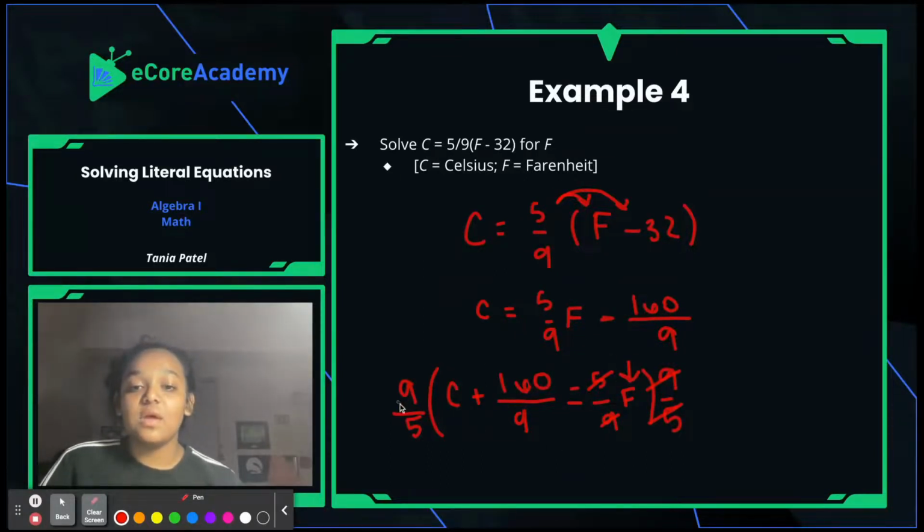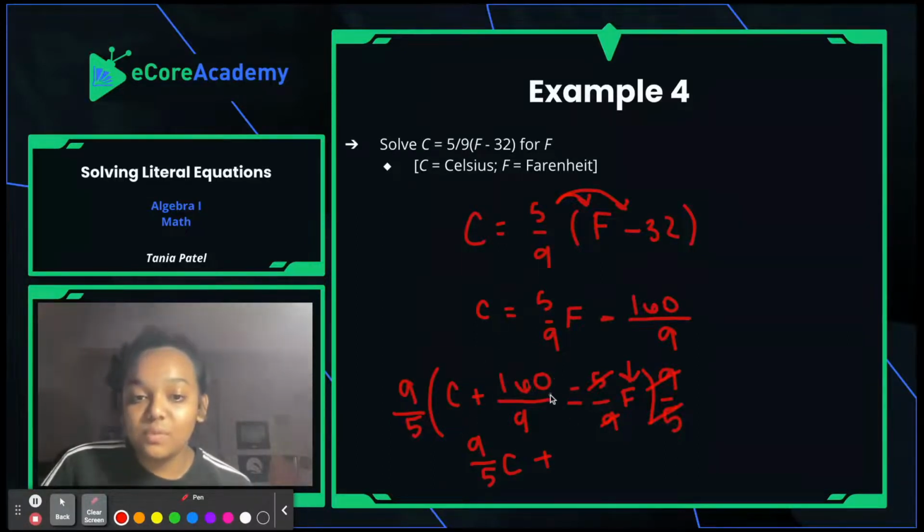So we are successful on that side. But now we have to distribute the 9 over 5 to both the c and this term, 160 over 9, because we've distributed all terms that are there. So when we do that, we get 9/5 c, plus, we know that we can cross multiply here.